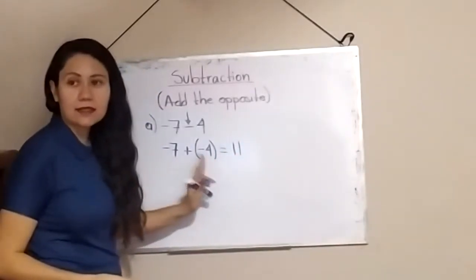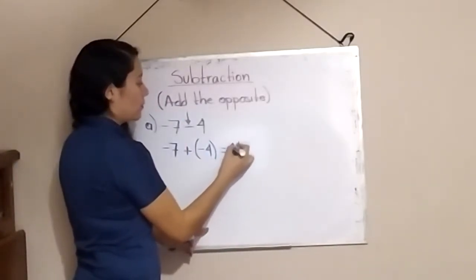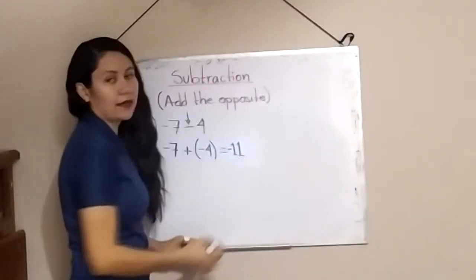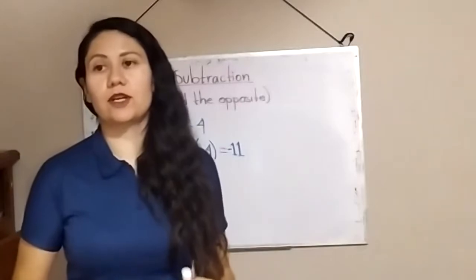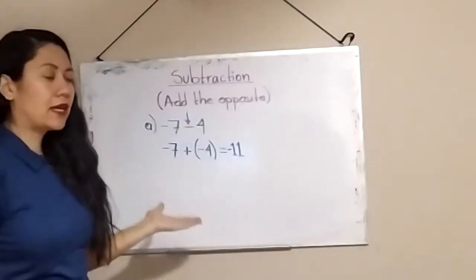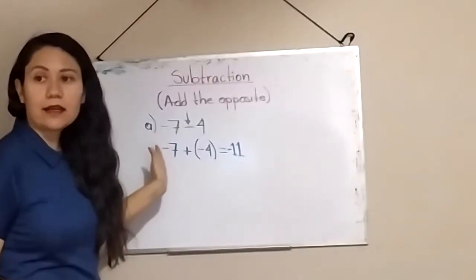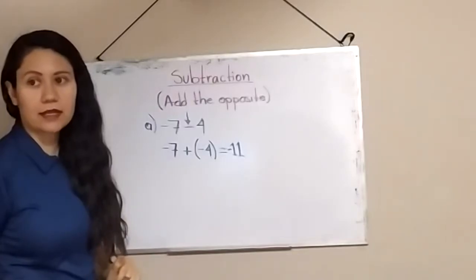And our addends have a negative sign, so our answer will also have a negative sign. So, -7 plus -4 equals -11, which would be the same as saying that -7 minus 4 equals -11.